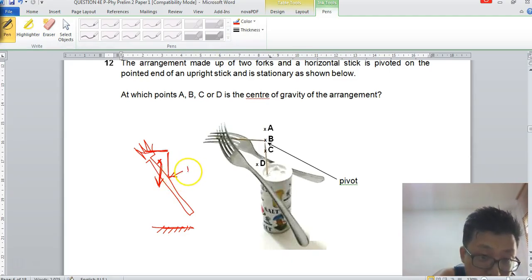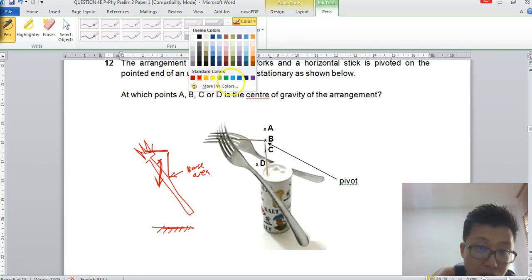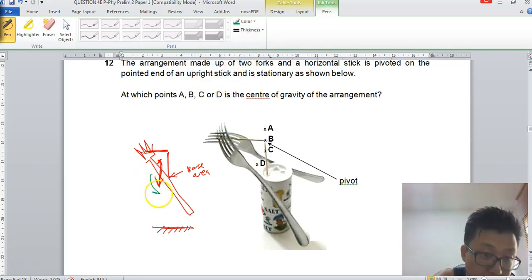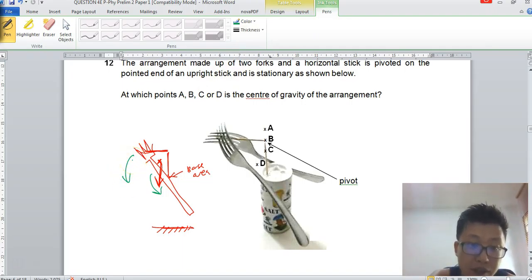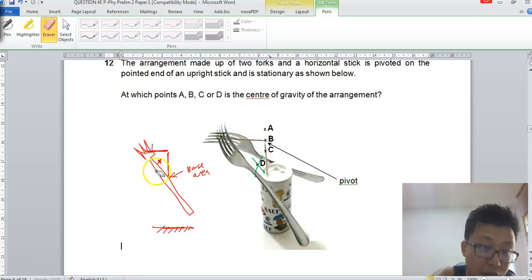So down here is my base area. And if my CG is at D, what will happen is that I would have an anti-clockwise moment, and therefore this whole thing will topple this way. So you know that D cannot be your answer. So now you are only left with A, B, and C.